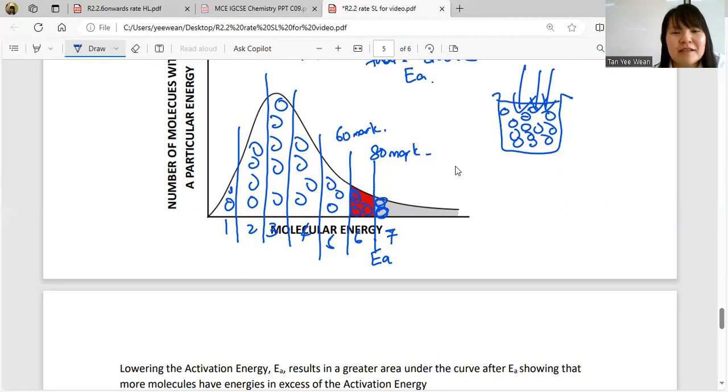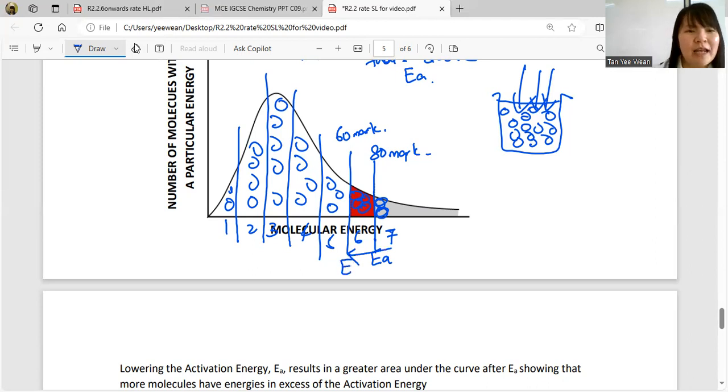Just now these students here got 6, but now I reduce the activation energy. I put a catalyst, or sort of reduce the benchmark of getting 7. So now the ones who got 6 just now automatically get 7, because now the benchmark is 60 now. Anyone who gets above 60 can get an IB7. So it sort of reduced the benchmark.